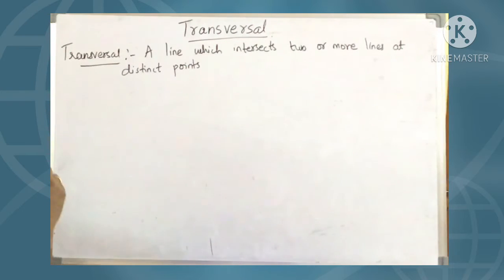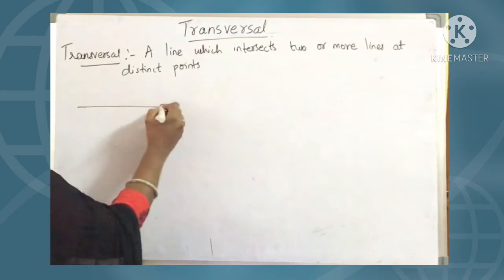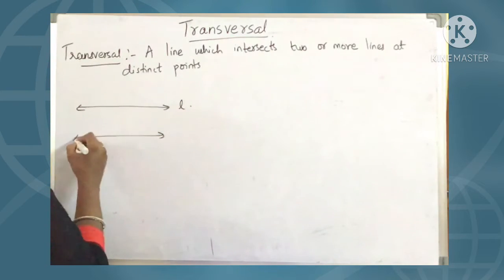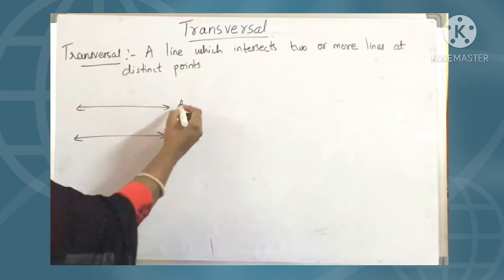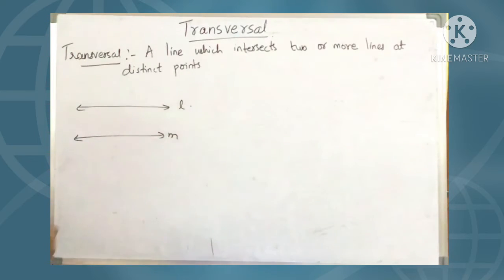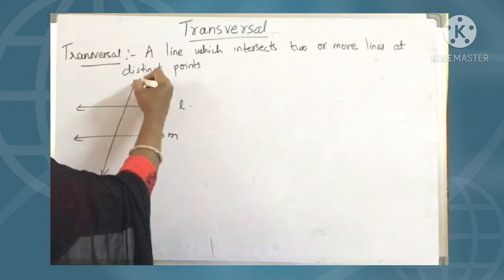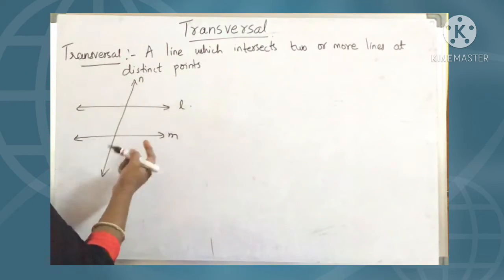Here, suppose I draw a line L, and another line M. Here this is line L and this is line M. Here is another line called N. It intersects the other two lines at different points.